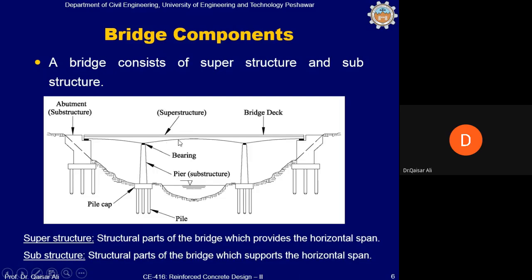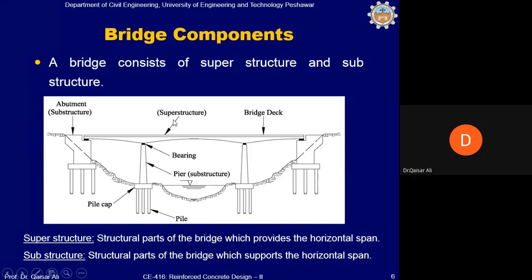All parts of the bridge above this bearing are called superstructure, and all parts of the bridge below the bearing are called substructure. So the substructure need not necessarily be below the ground. All those parts of the bridge which support the horizontal span are called substructure, and superstructure are the structural parts of the bridge which provide the horizontal span.